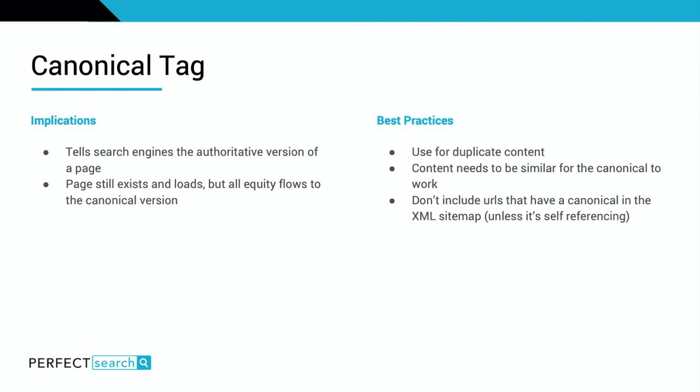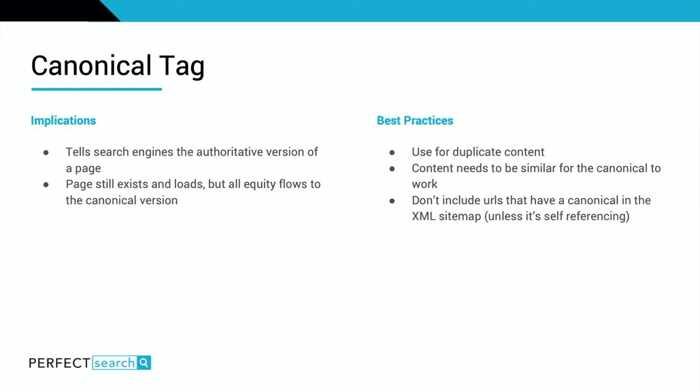So an example of when you might use a canonical tag: let's say that on your site you've got different versions of the URL. Maybe it's an e-commerce page for shirts, and one of the features of the page is that you can filter the shirts by size, by color, and every time you do that, there are parameters that show up on the end of the URL.